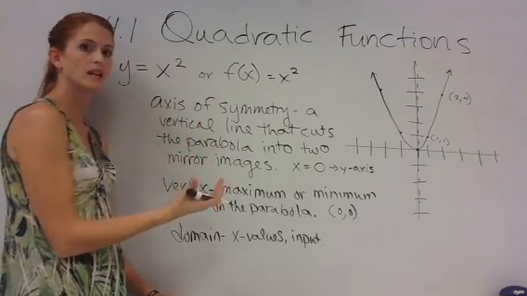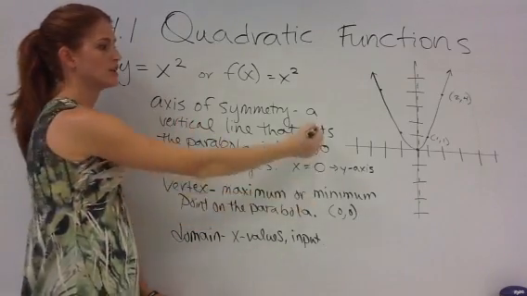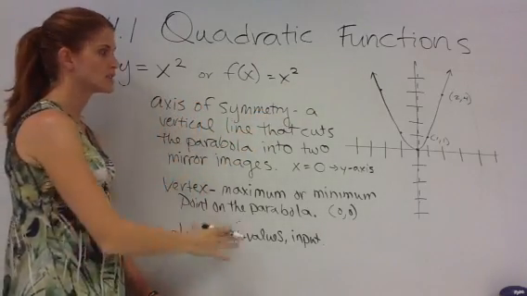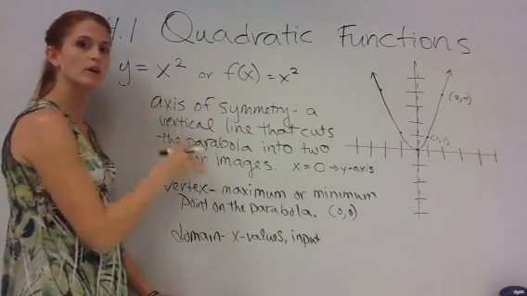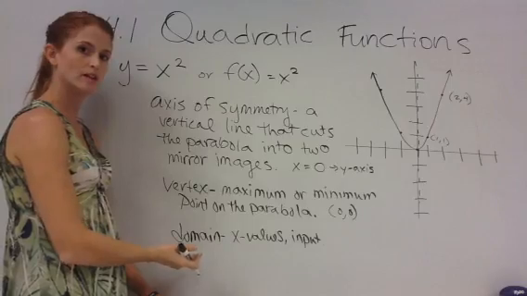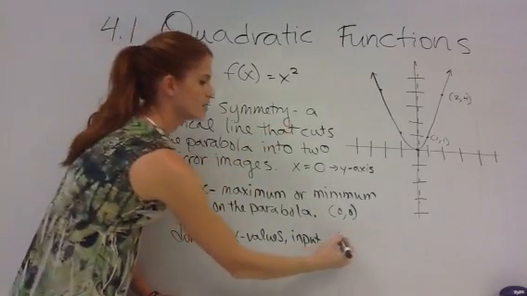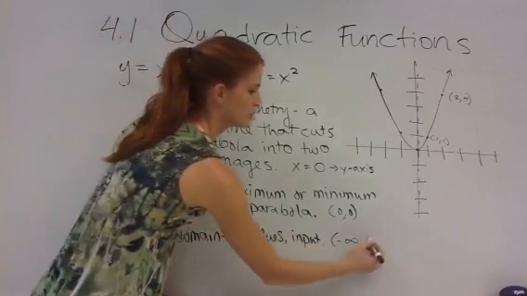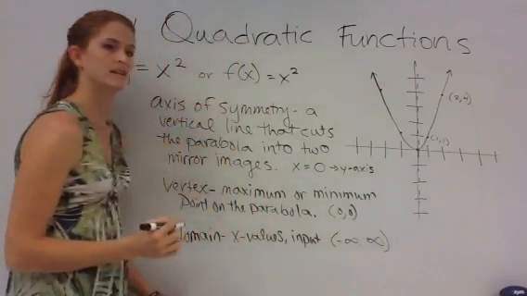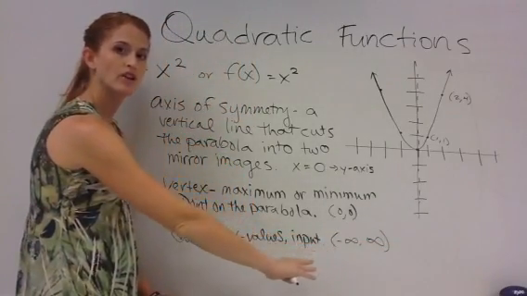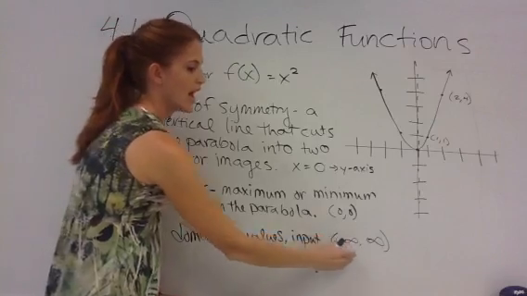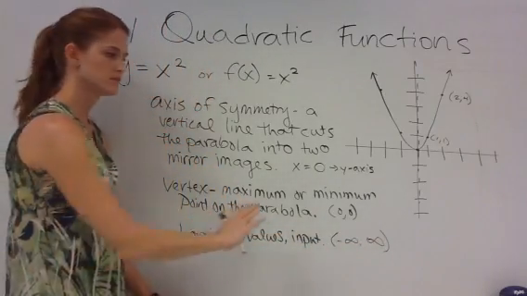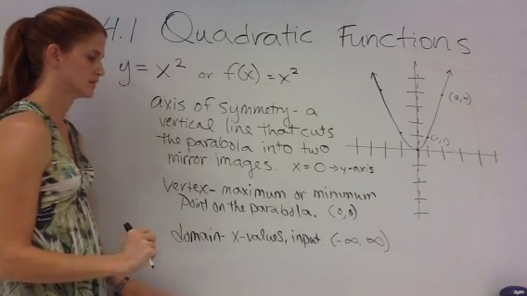Well, I can input anything I want. I can input negative 50 if I want to, in for x, and I would still get a value for y. So I can put in any number that I want for my domain. So the domain here we write as negative infinity all the way through positive infinity. This is how we want to write our domain if we're talking about every number that you can think of for x. So that's going to be our domain.